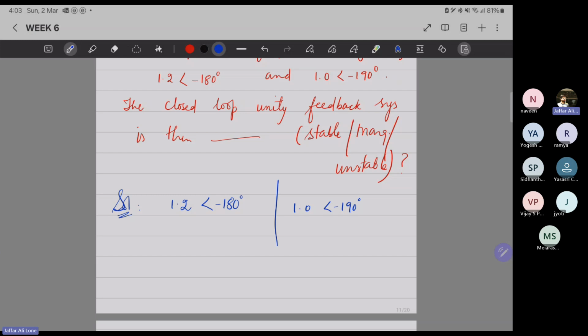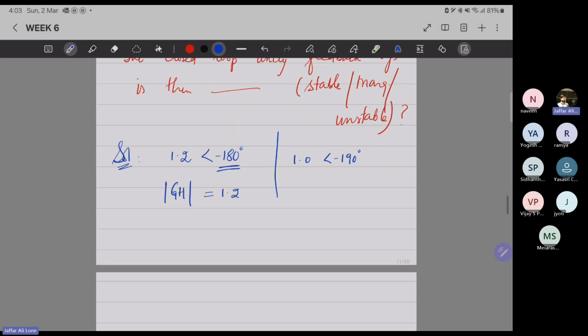My phase crossover frequency is the value of frequency at which the angle is minus 180 degree. So we have the angle given as minus 180 degree. When my angle is minus 180 degree, this is my phase crossover frequency, and the magnitude of GH at this angle is given as 1.2.